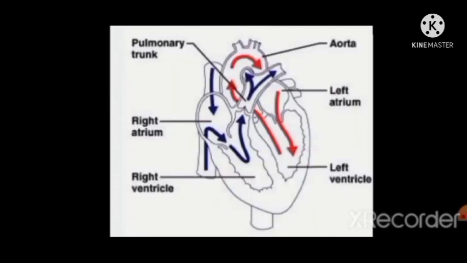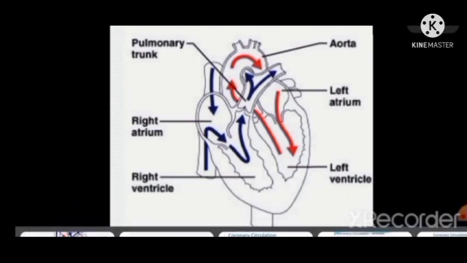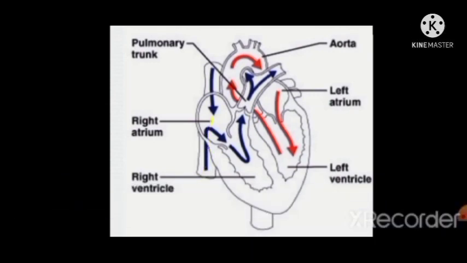This is the pulmonary trunk, right atrium, right ventricle, left atrium, and this is the aorta. From the superior vena cava, from the upper part of the body, blood comes, and from the inferior vena cava, into the right atrium. From the right atrium that blood goes to the right ventricle.